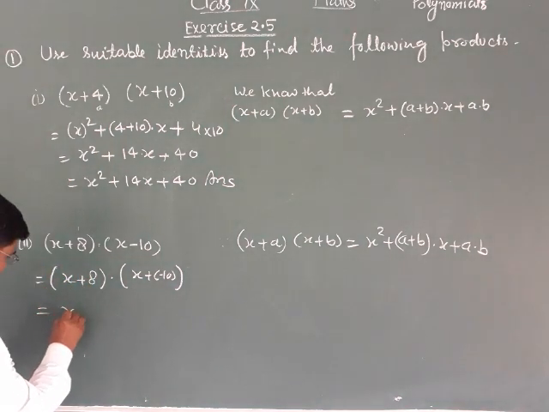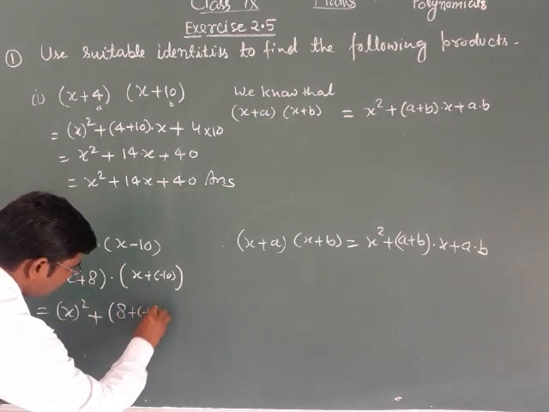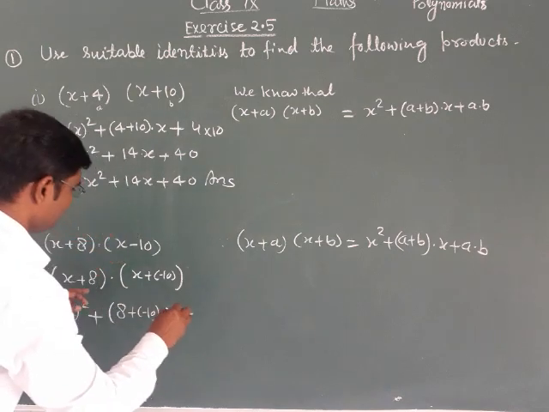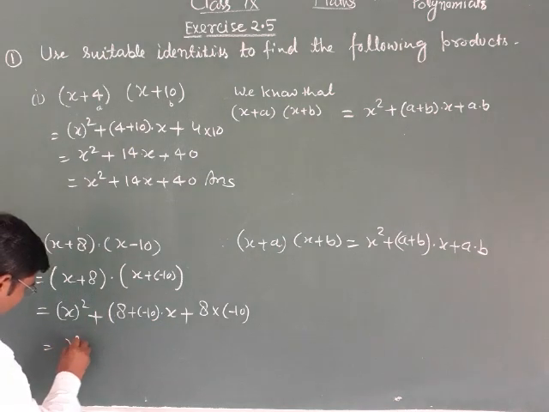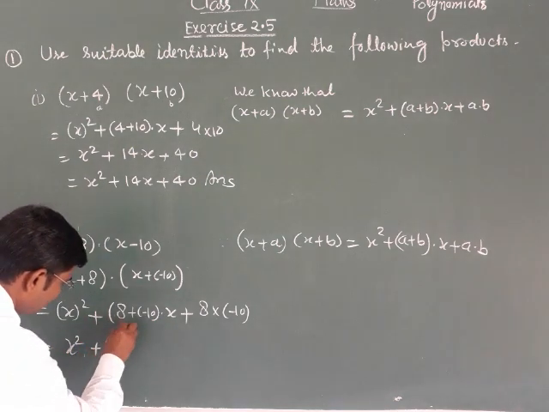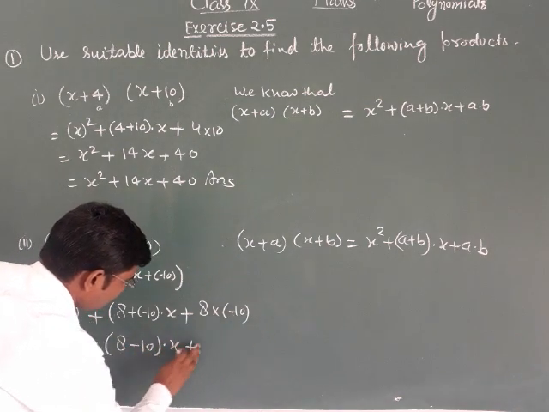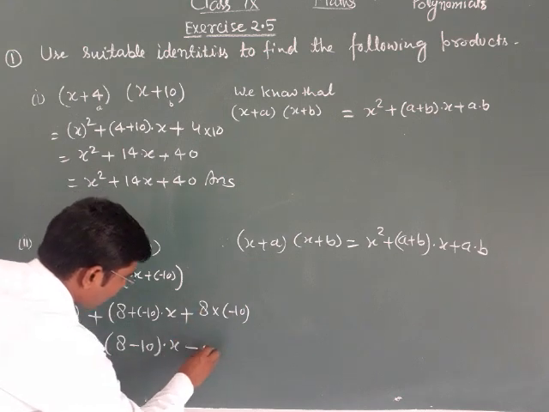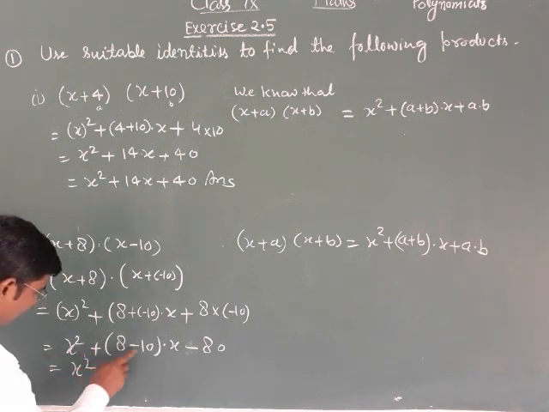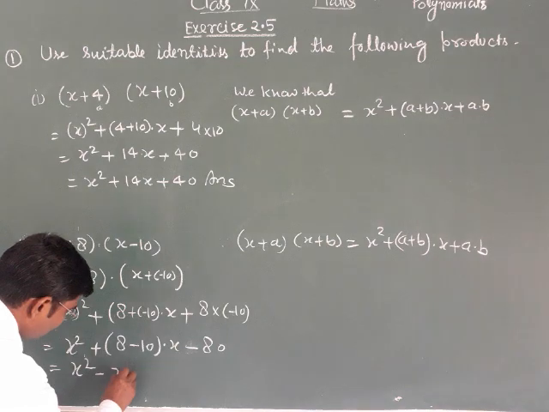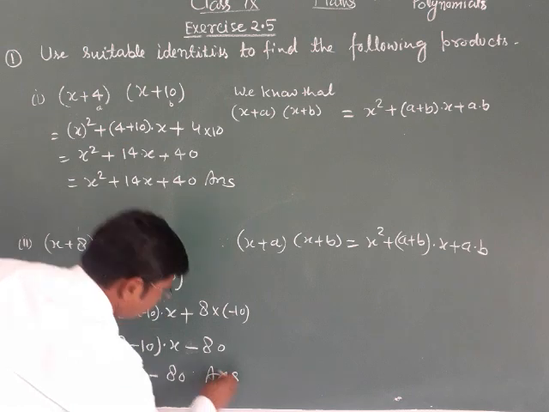So x square plus (8 + (-10)) into x plus 8 into (-10). So x square plus (8 - 10) into x minus 80. You can also write x square minus 2x minus 80, this is the answer.